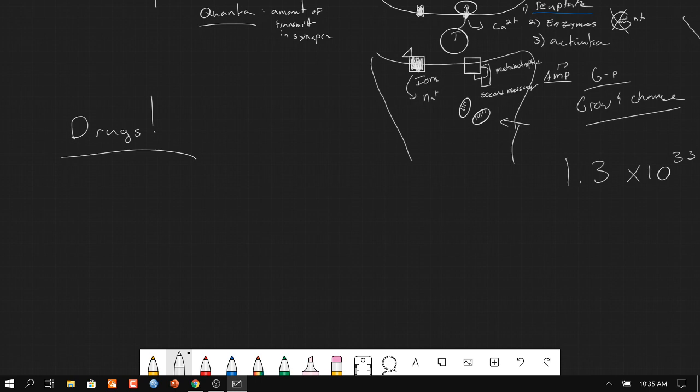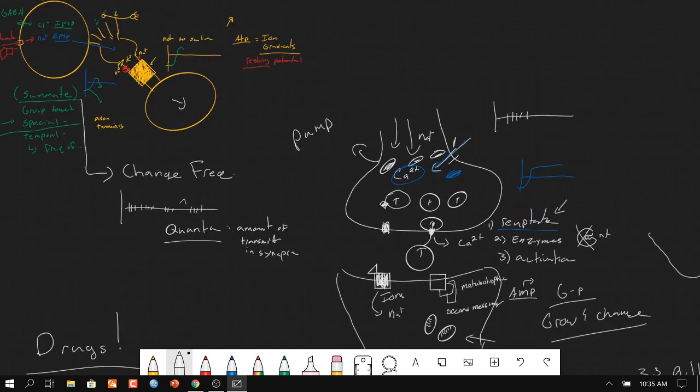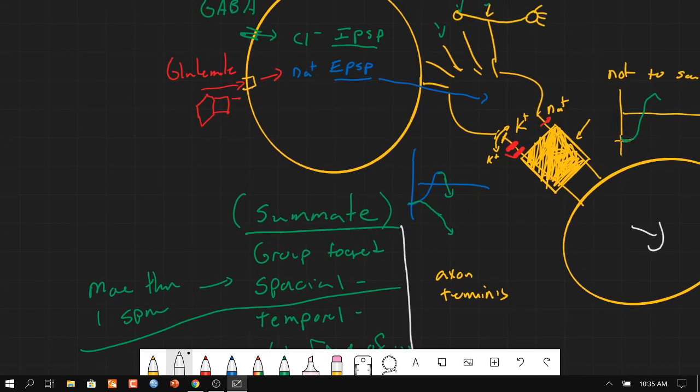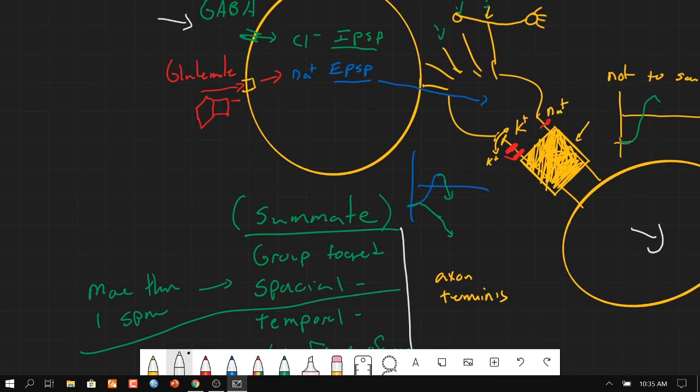So what does alcohol do? Super easy. Be careful. What does alcohol do? We're going to go all the way back here. It lets in chlorine. Alcohol activates GABA receptors. It lets chlorine into the presynaptic cell.